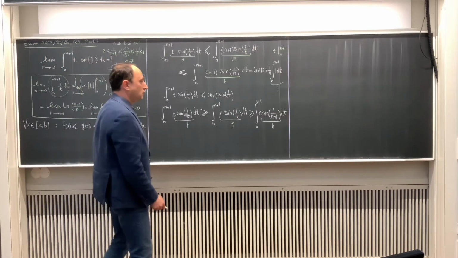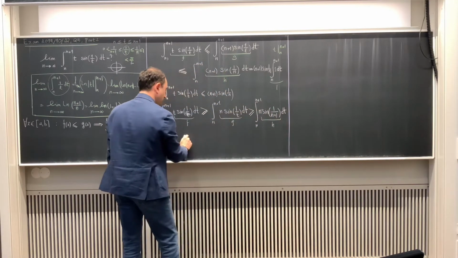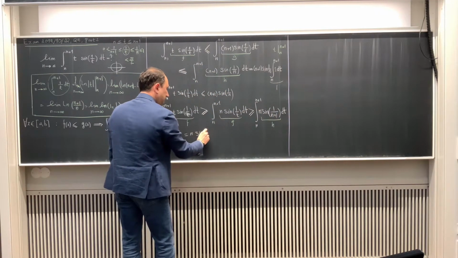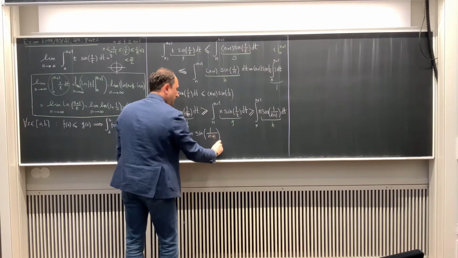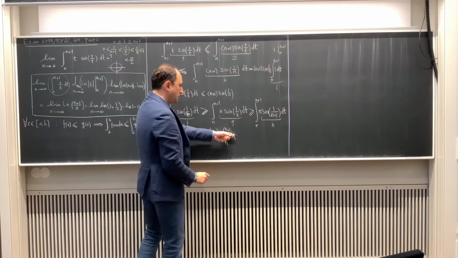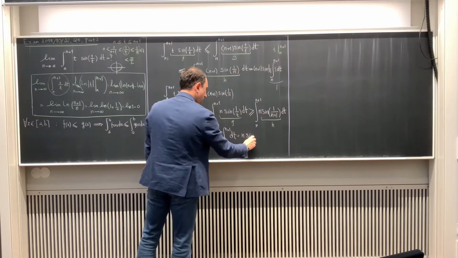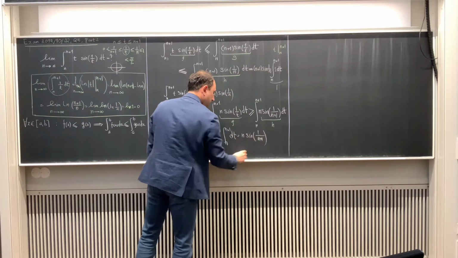Okay, but then what is the answer to this integral? I can pull this number out, and then the integral from n to n plus 1 dt is left, but again, the same scenario, this is 1. So this becomes n times sine of 1 over n plus 1. Yes?